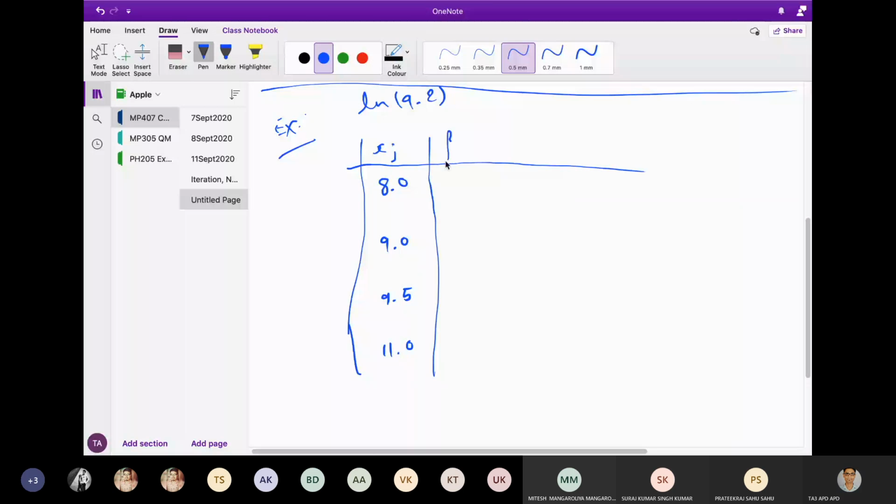So these are 2.079442, and for ln9 you have 2.19725, and ln9.5 you have 2.251292, 2.397895. All right.